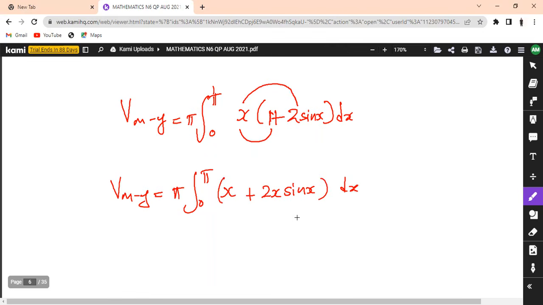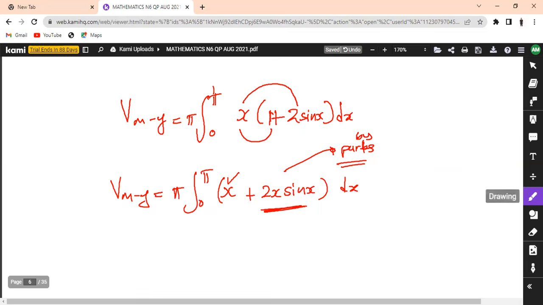So as you can see here, we've got two terms. This part we can integrate direct, but here we can't integrate direct because it's a product you're multiplying. Which means we have to think along the application of what? The application of by parts. So we have to apply by parts in this case so that we can be able to integrate this.